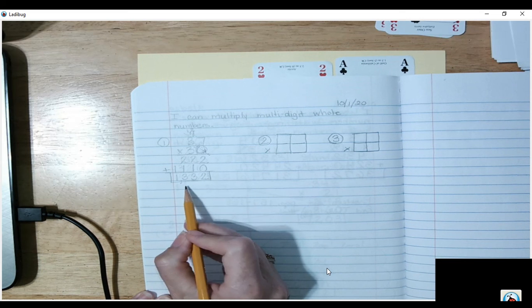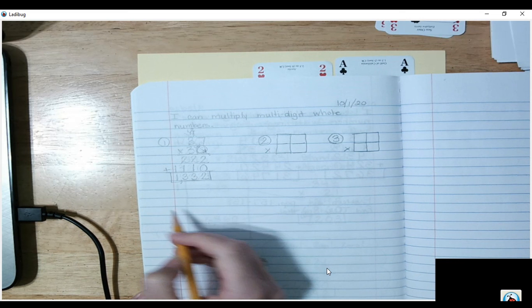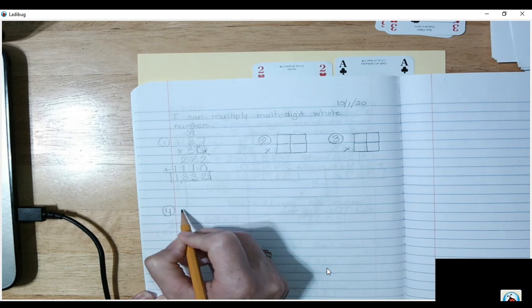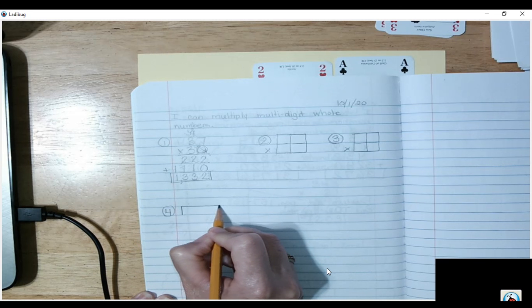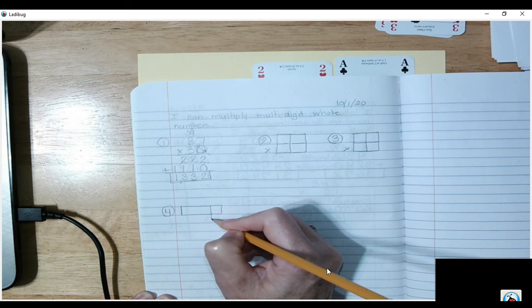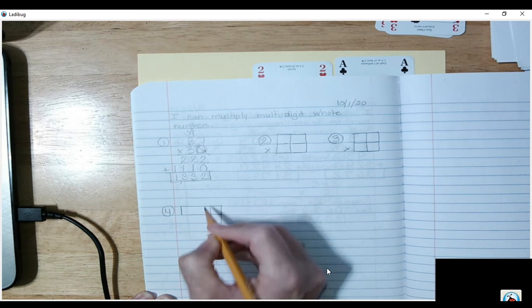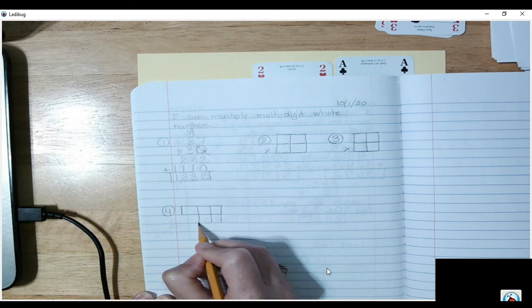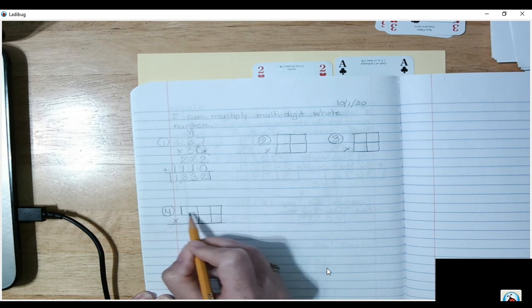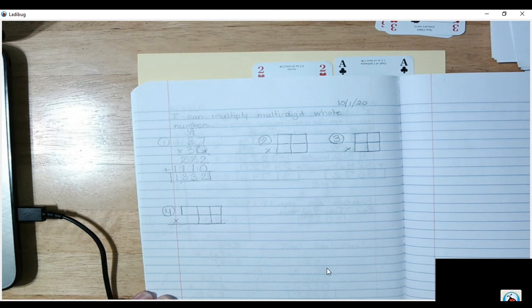And then skip 1, 2, 3 lines, come down and put a number 4. You are going to do a 3-digit by 2-digit. And remember, that 3-digit number goes on the top.